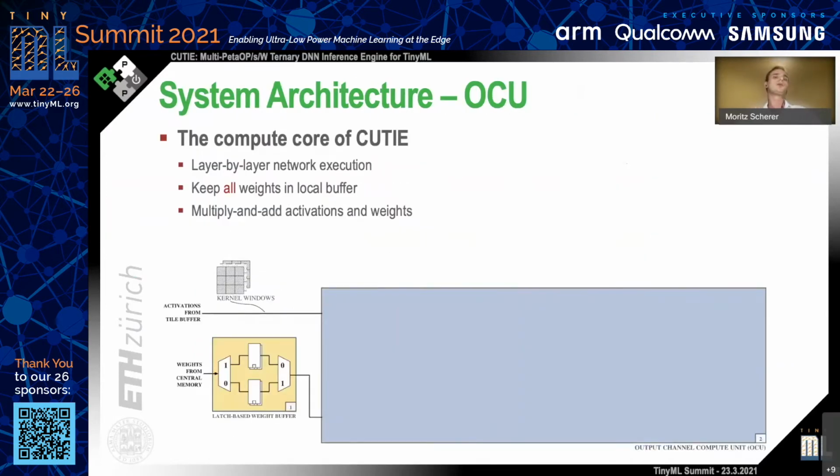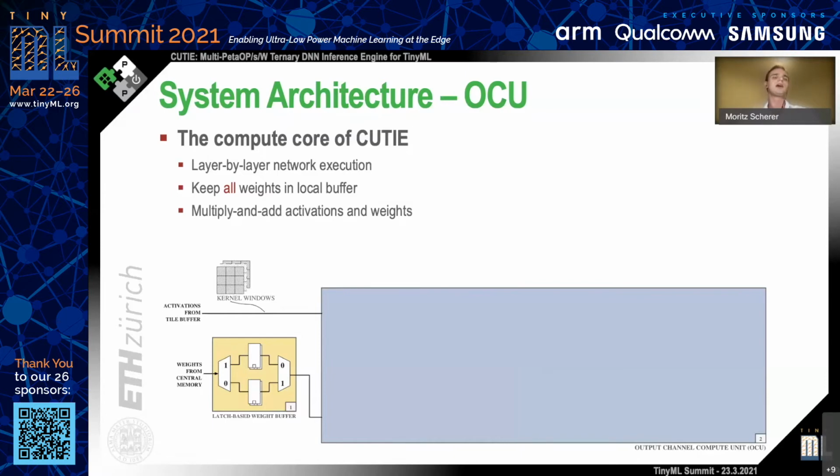What you see here is a typical CNN flow. We have kernel windows that go into the compute core, and we only target layer-by-layer execution here. We keep all of the weights for a layer in a localized latch-based buffer, and we just multiply and add the activations and weights.